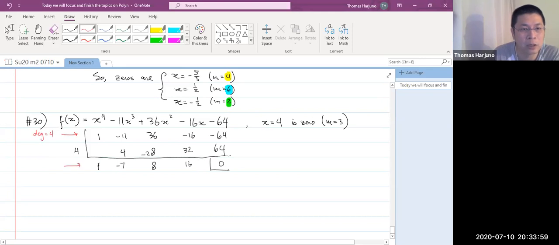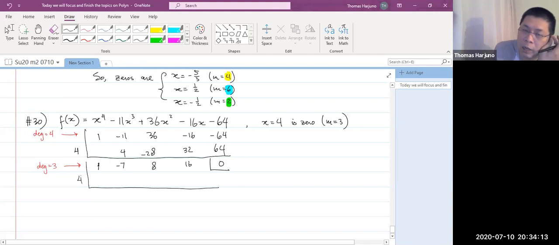But 4 is a 0 with multiplicity of 3, so let me continue right away from there. I can divide by x minus 4 three times because it's the 0 with the degree of 3. 1, 4, -3, -12, -4, -16, 0.